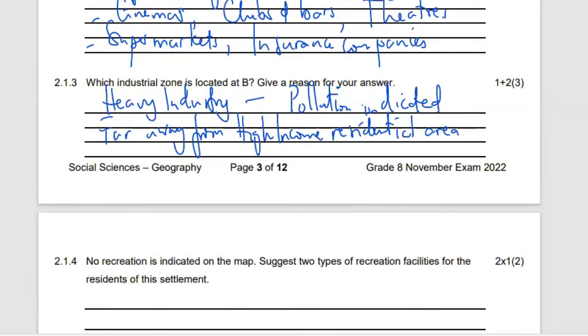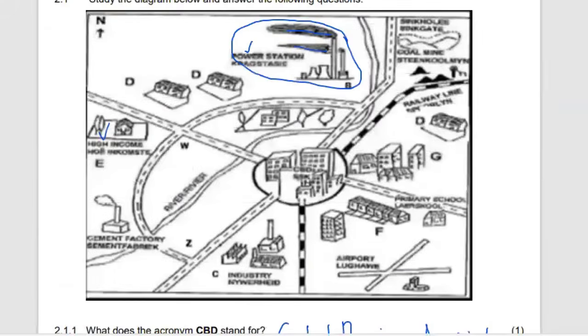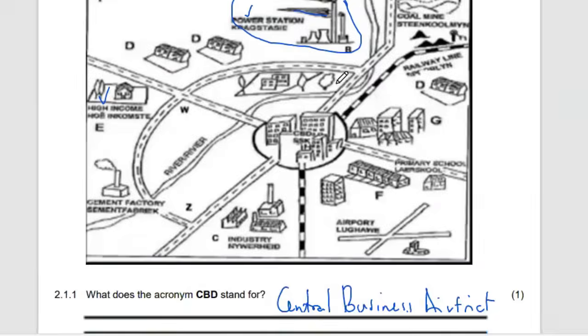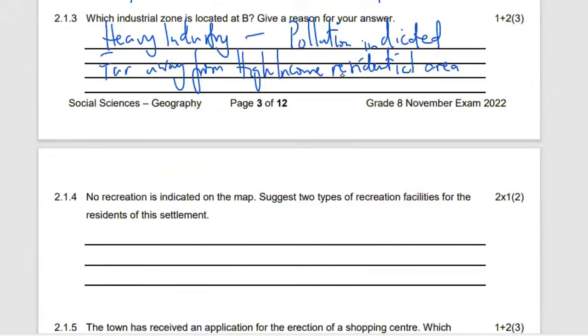That's the other justification. And also remember, we said heavy industrial activities consume large space and they also need to be linked with transport networks. So the other justification is it is close to transport links. If you can see here, there are some transport links. So it's nearer to transport links. It's another justification because remember, due to the bulky raw materials, they need to be close to a reliable transport link.